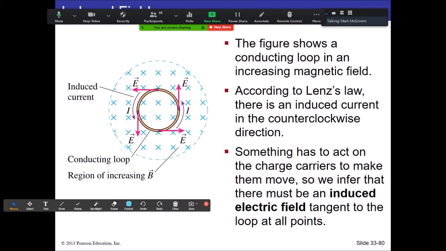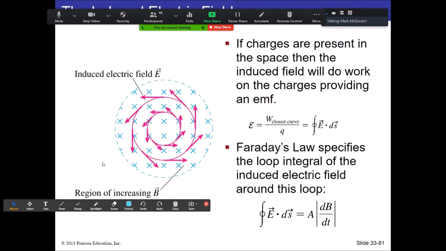The answer is that it is created. It's an induced electric field. We've been saying induced current; now we're saying this is an induced electric field. The entire space surrounding this has an induced electric field, and whether we put a wire there or not, there's going to be an electric field there.